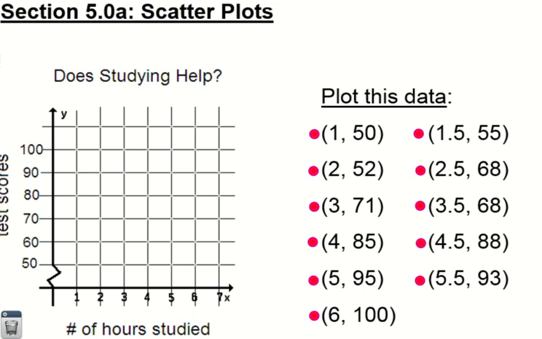Jump right into chapter 5, and we're going to start with scatter plots. So, what is a scatter plot? Well, it's a graph of a bunch of points taken from probably data collected.